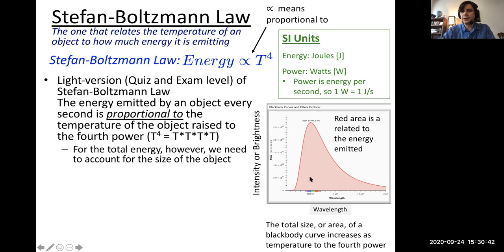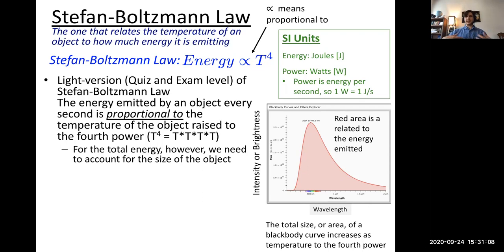When we are talking about the size of the curve, how big it is, what are we really talking about? If we're talking about the area underneath this curve, what are we adding up? Well, we're adding up all the ultraviolet light, all how bright this object is in the ultraviolet. We're adding up all the visible light, all the infrared light, and all the other parts of the electromagnetic spectrum as well.